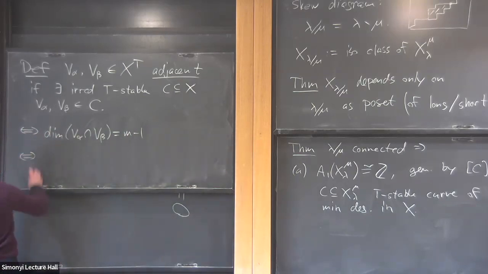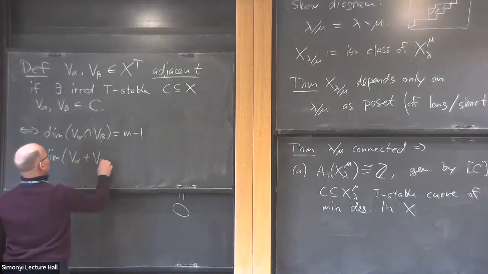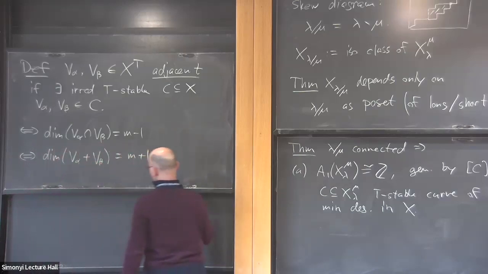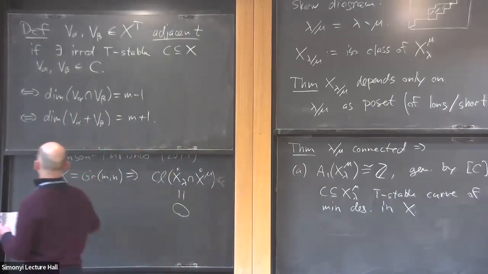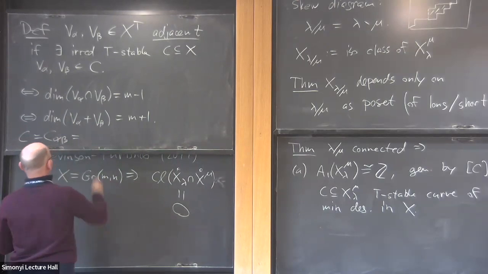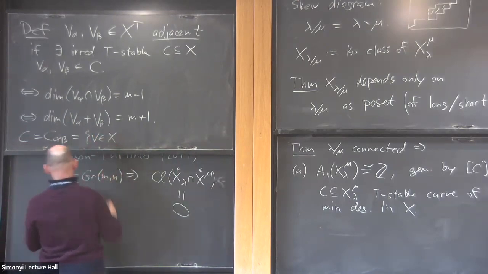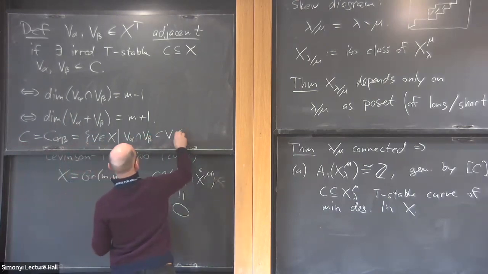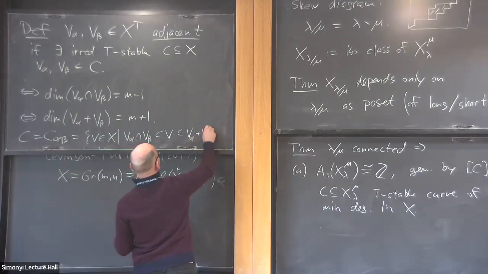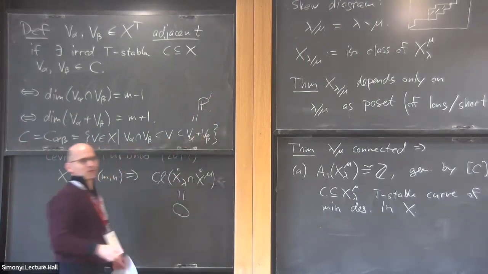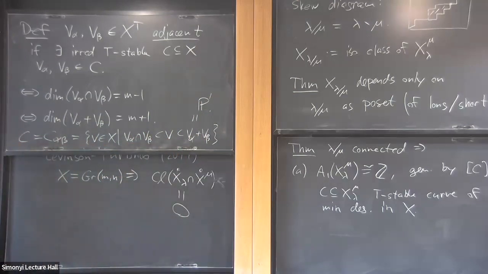Again, this is equivalent to the dimension of their sum being m plus 1. And then the curve, let's call this curve C alpha beta, is just the set of all V in the Grassmannian for which V alpha intersect V beta is contained in V, which is contained in V alpha plus V beta. And then you will recognize this is just a P1 sitting inside the Grassmannian.